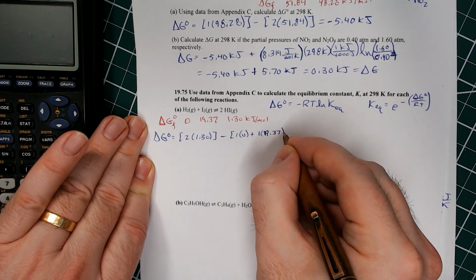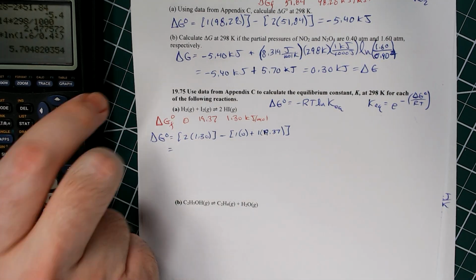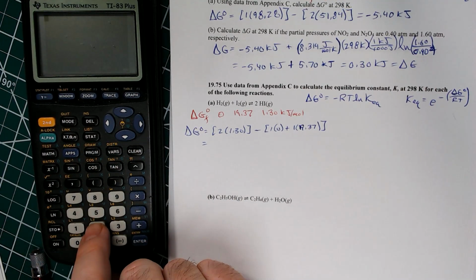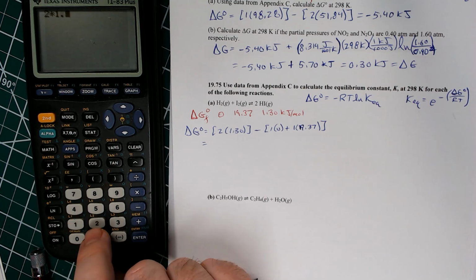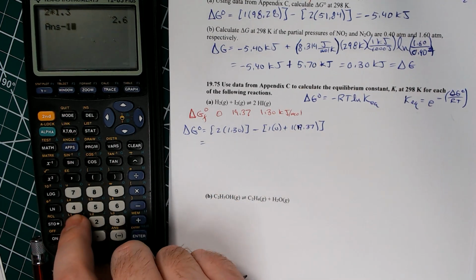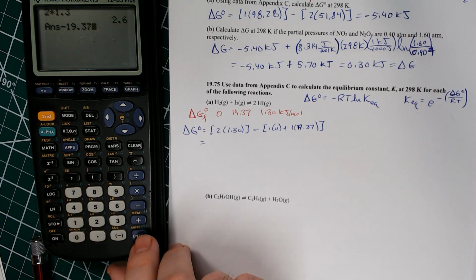That's a 19.37. All right. Clear all that. So we'll get 2 times 1.3, and then we'll subtract 19.37.